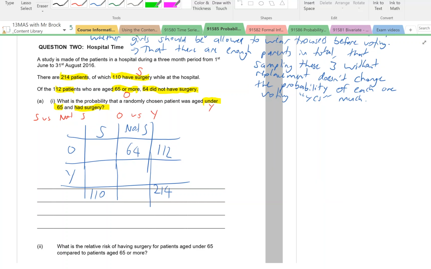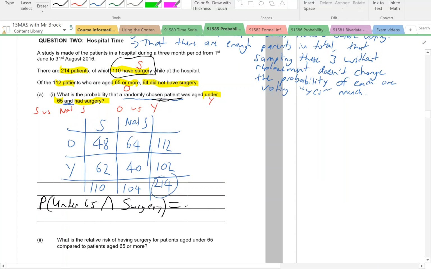So these are all the numbers given in the question. Let's see if we can fill in the rest. Okay, so hopefully you got the same thing as me. Right, so the probability that a randomly chosen patient was aged under 65 and had surgery.